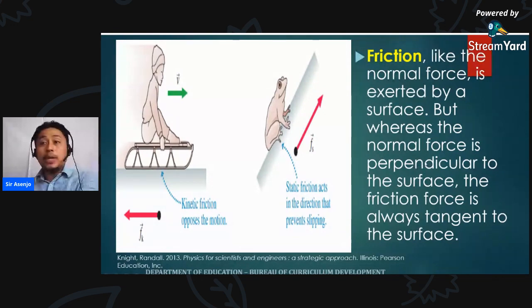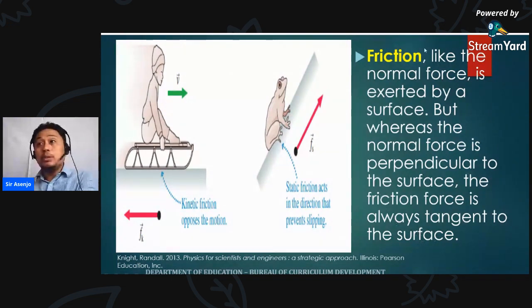There are two types of friction: static friction and kinetic friction. Both static friction and kinetic friction are contact forces. The difference between friction and normal force is that the normal force is perpendicular to the surface. On the other hand, friction is tangential.